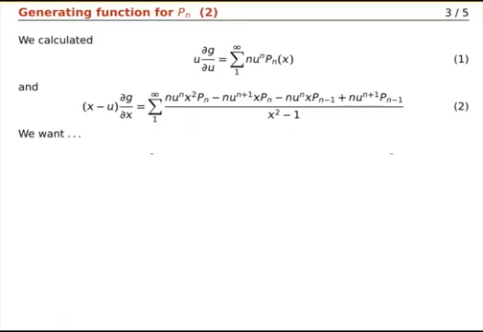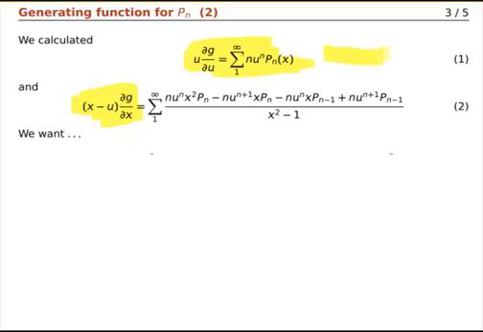Well, we've just calculated dg by du to be n u to the n minus 1 Pn of x, so u dg by du is given by that power series. And we also calculated x minus u dg by dx to be this horrible looking mess. And what we're trying to do is to show that u dg du equals x minus u dg dx.